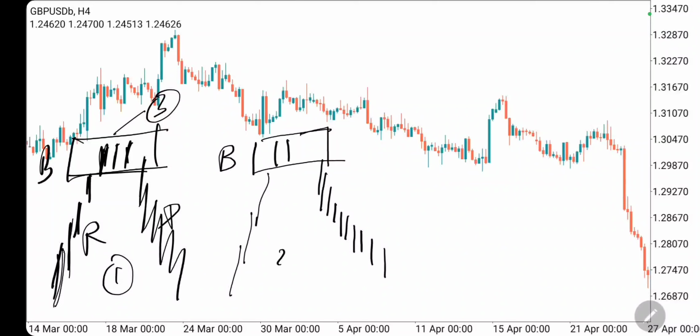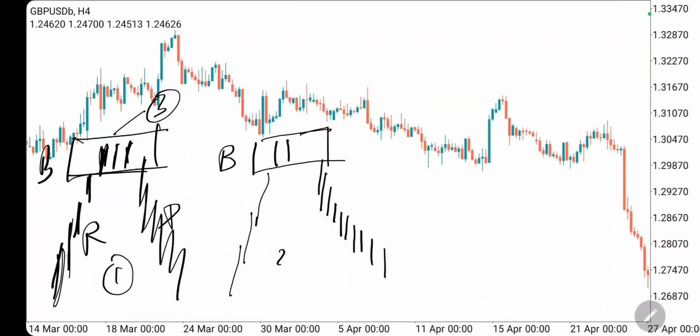This is a rally base drop supply zone. This is a drop base drop supply zone. This is for supply zones.